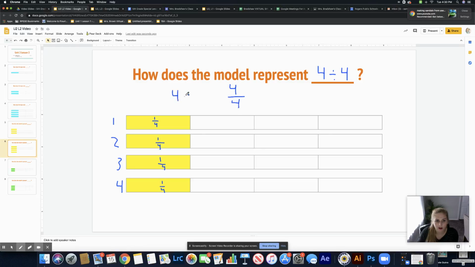So 4 divided by 4 equals 4/4. Remember, 4/4 can also be read as 4 divided by 4. And if you notice, that was the same thing that we wrote for the equation or expression that represented this model.